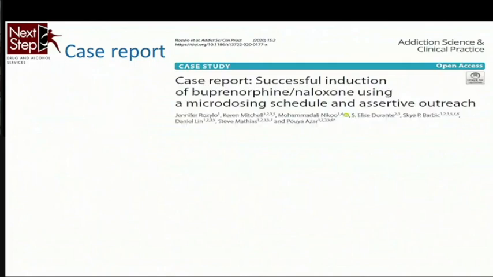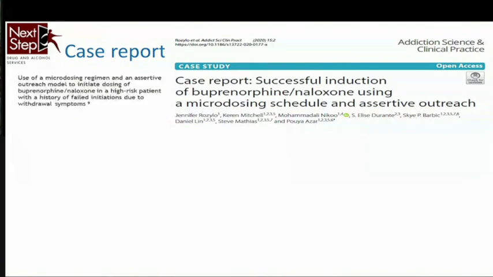The third case report was using it in the community, and they had the benefit of being able to do outreach, taking the Suboxone to the patient's home, which was very beneficial. This patient was very difficult to engage and had multiple attempts at being inducted onto treatment, but did not manage as a result of poor compliance.